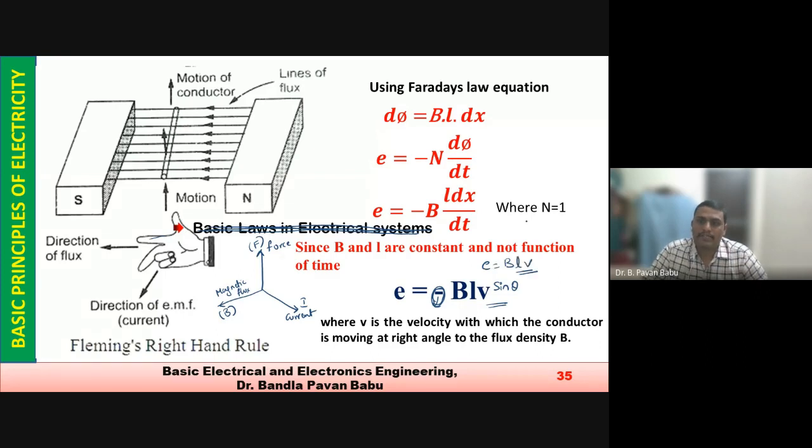This is if we consider n equal to 1, only one turn. Or else we can use n as it is. It starts from E equal to n into d phi by dt, so you can directly use this equation if you find difficulty. E equal to n into d phi by dt. So that's about the motor and generator rule.